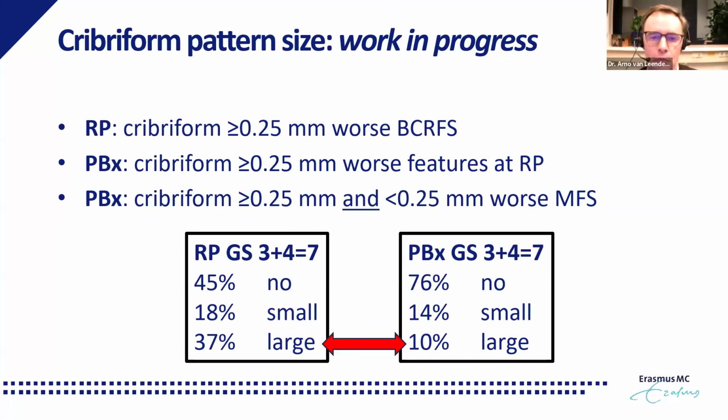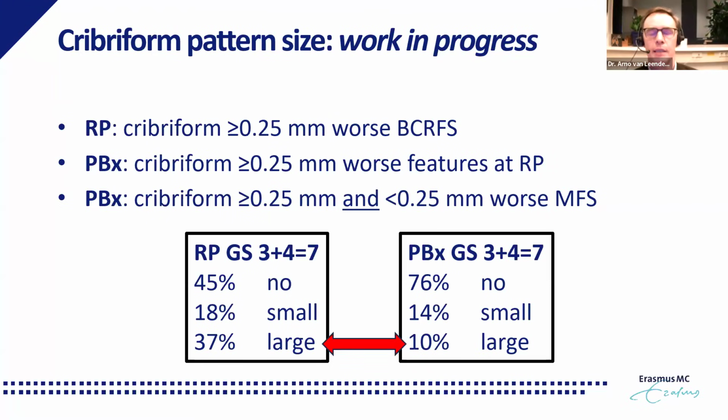And there may be many explanations for these counterintuitive results. Of course, you could think about differences in cohorts, differences in treatment, confounding factors, but it's also important to realize one important fact, and that's that a Gleason score 7 biopsy is not exactly the same as a Gleason score 7 radical prostatectomy.